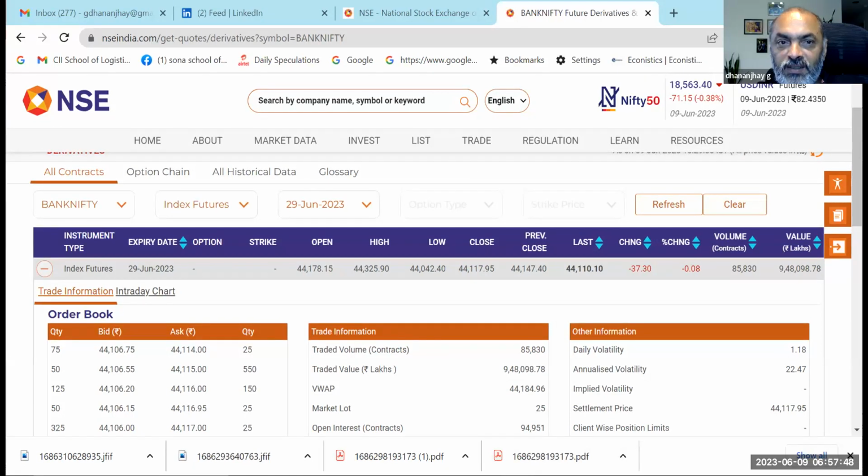You check that. Because if you have more money, you can take more. If they have more money, they can take all 25 lots also, sir. Then we have to multiply. See, one lot means how many Bank Nifties will be there?